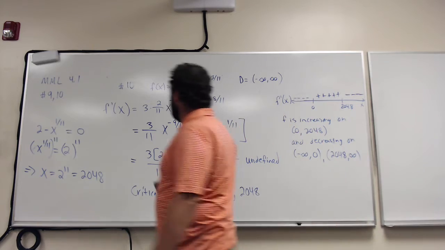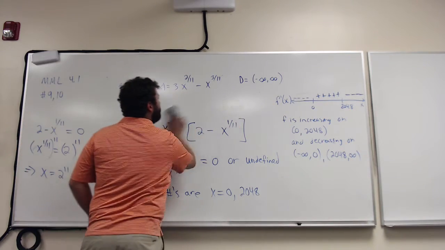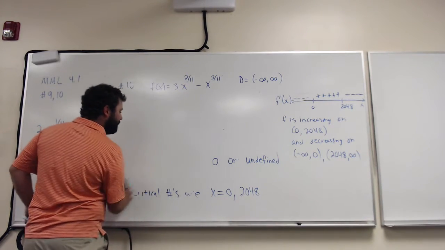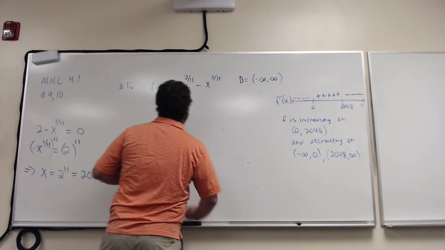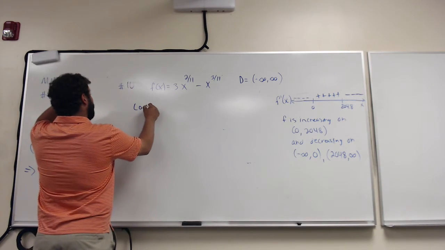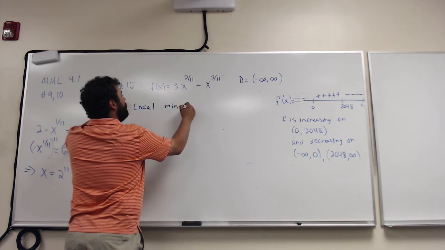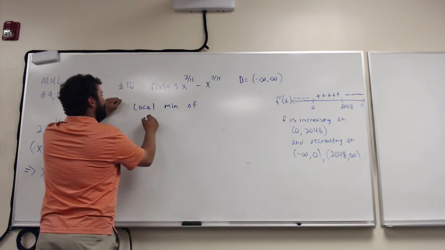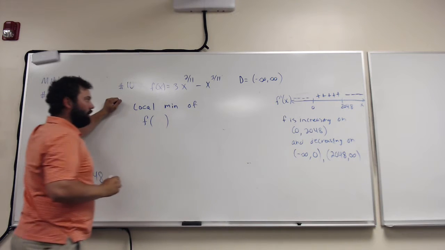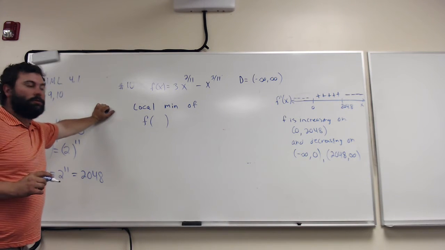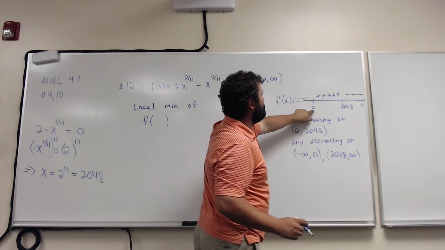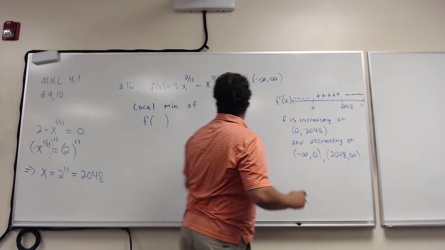And then what about local maxes and mins? I'll let you guys plug this stuff in your calculator, but is there going to be a local min? Yeah. So there's a local minimum of f of what value do you plug into the original function? 0. Right, yep, at 0 you change from decreasing to increasing.